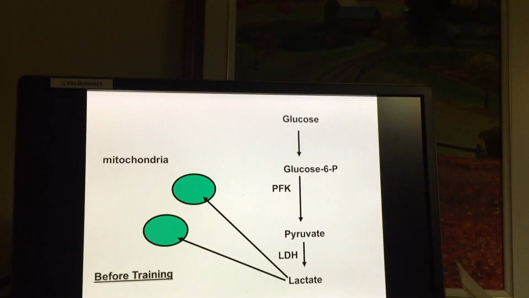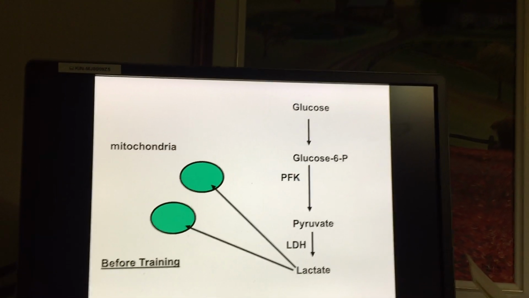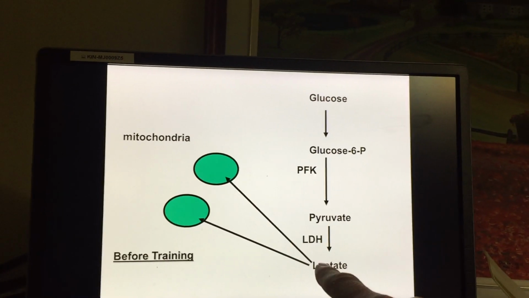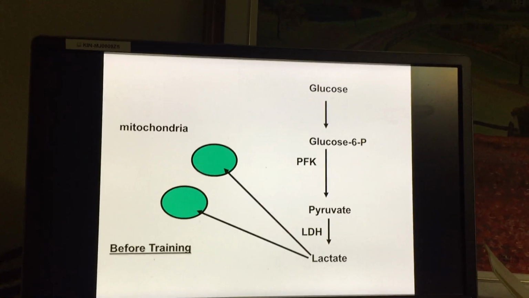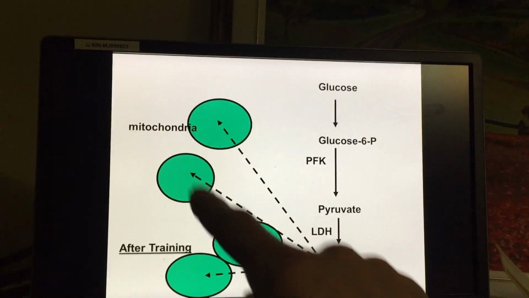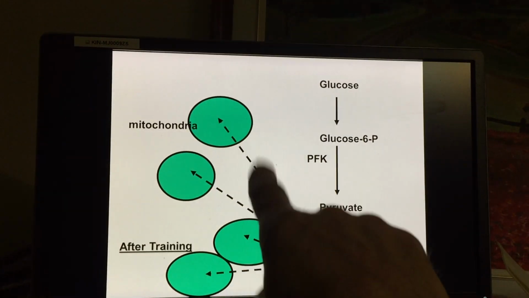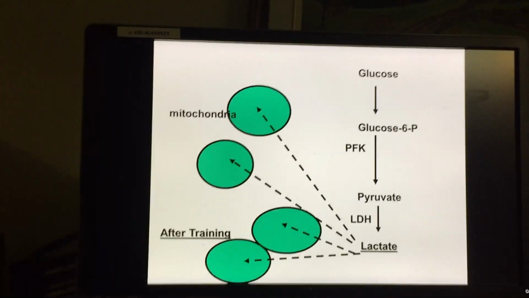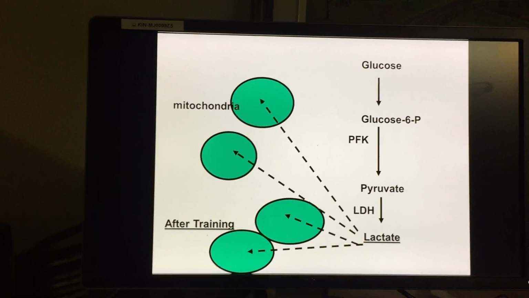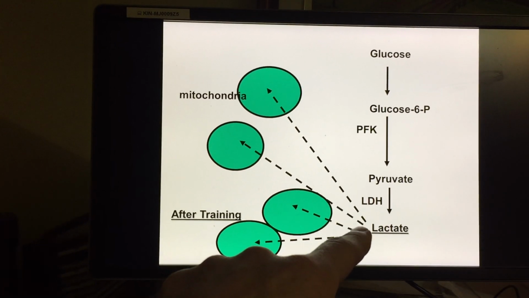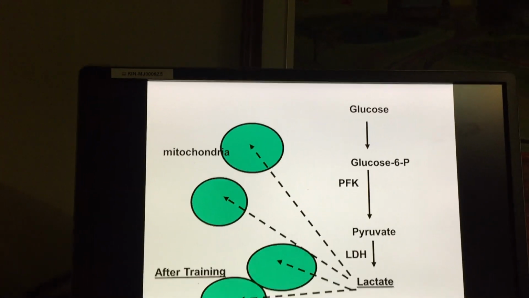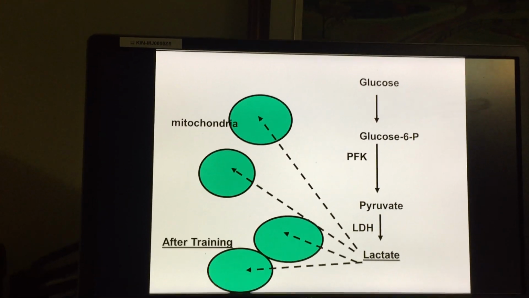So this is just another thing that can happen with endurance training. You have a lot of lactic acid being formed if you're untrained. And then after training, if you have a greater number of mitochondria and a greater size of the mitochondria within the muscle fiber, and that's an adaptation with endurance training, then you can get greater lactate being taken up by the mitochondria through that lactate dehydrogenase H reaction.